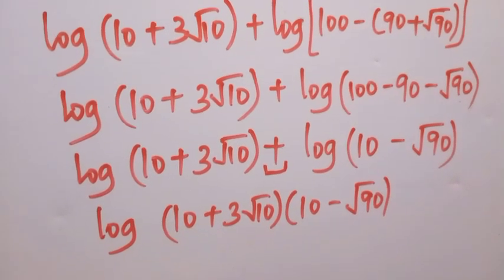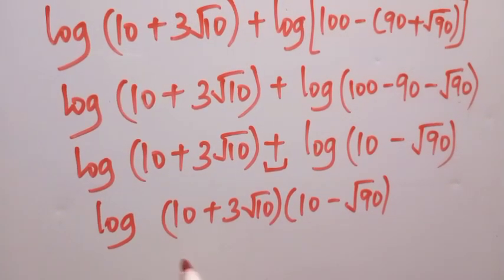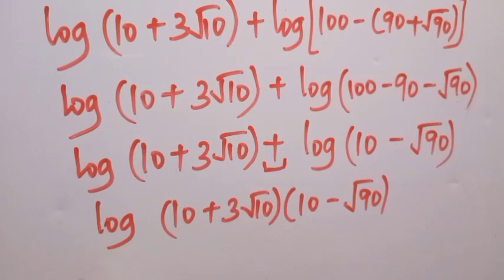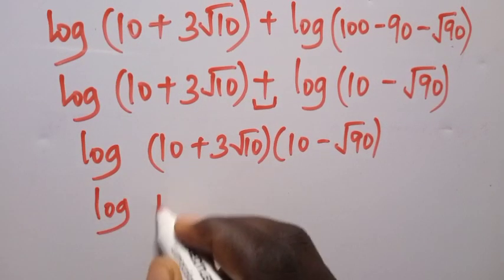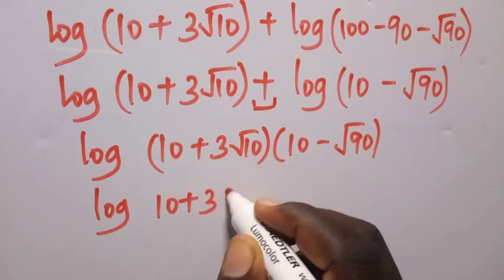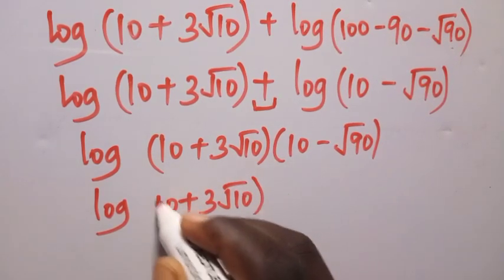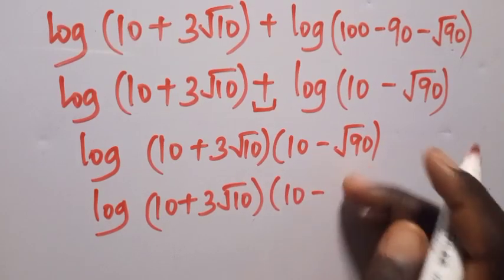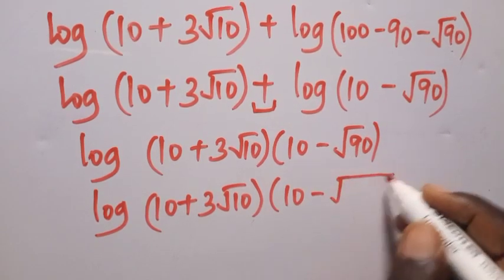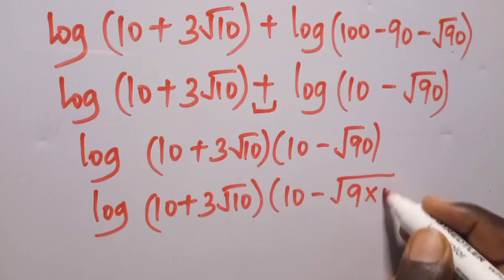Now from there, we shall have the logarithm of (10 plus 3 root 10) into (10 minus root 90), and root 90 can be written as the square root of 9 times 10.